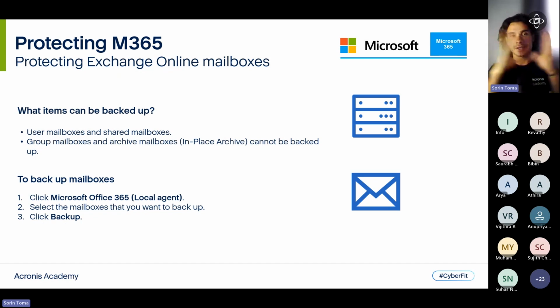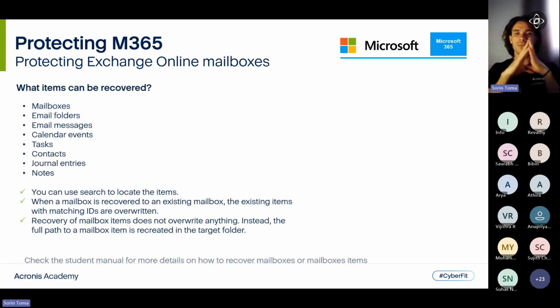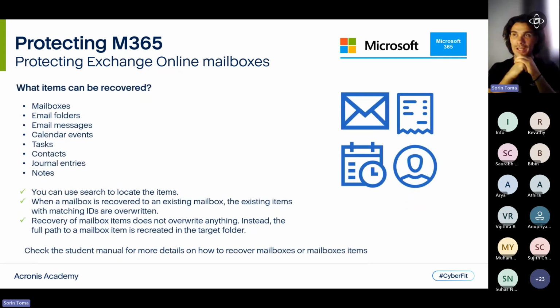The other 3 are not available. What items can be recovered from a backup with the local agent? Mailboxes, email folders, email messages, calendar events, tasks, contacts, and notes.